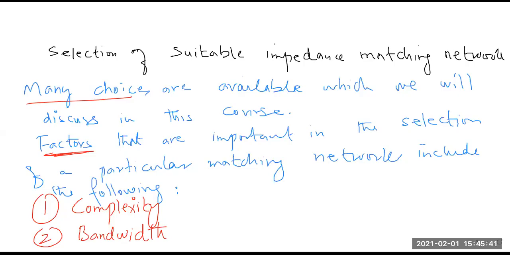Some are narrow band and some are wide band. So if you require impedance matching over a large bandwidth, then of course you will select the impedance matching circuit which has wide bandwidth, because a narrow bandwidth circuit is not going to solve your problem. So bandwidth is another important factor. And once we go through the design of different impedance matching circuits, we will also find out how to calculate the bandwidth of an impedance matching circuit.